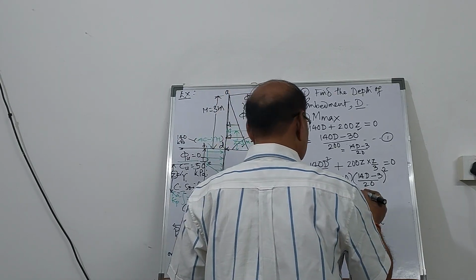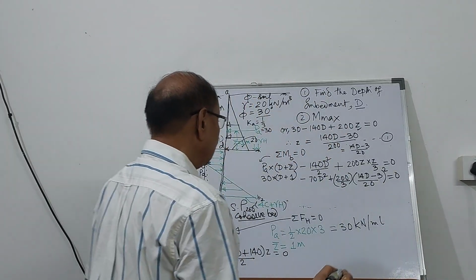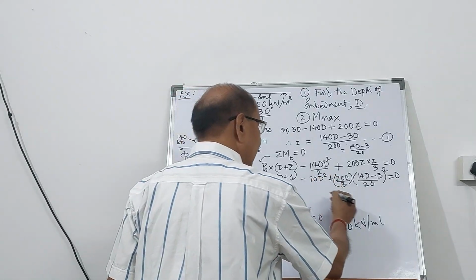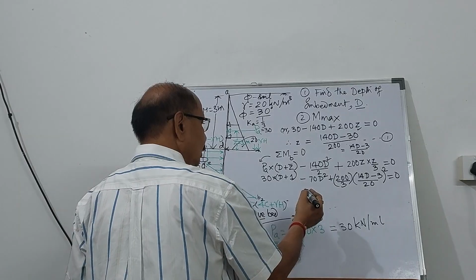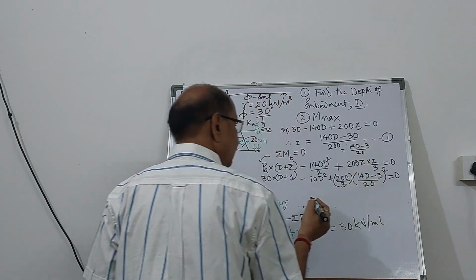So this must be equal to 0. So I am going to get an equation of this nature where only unknown is d.